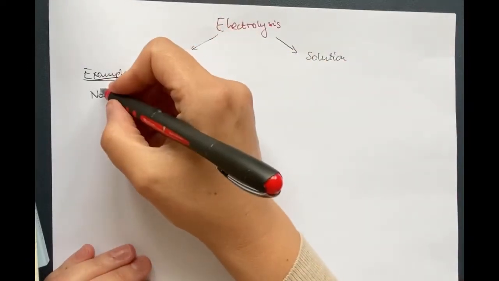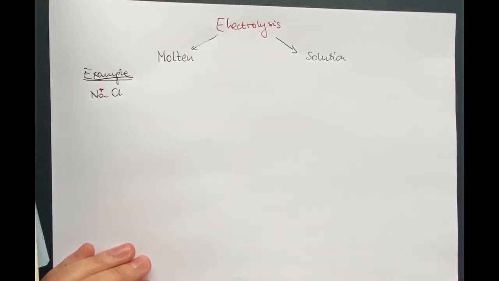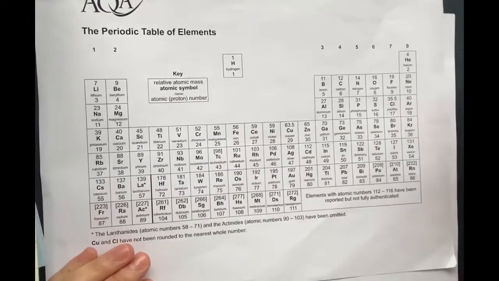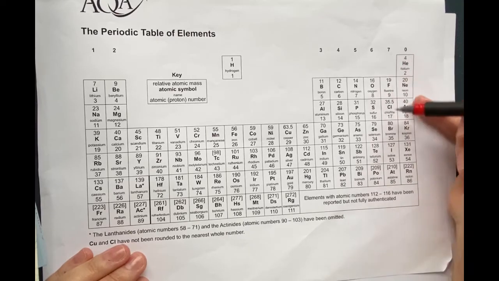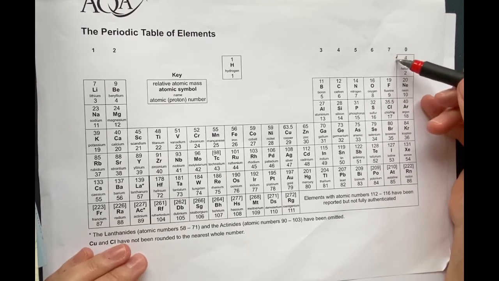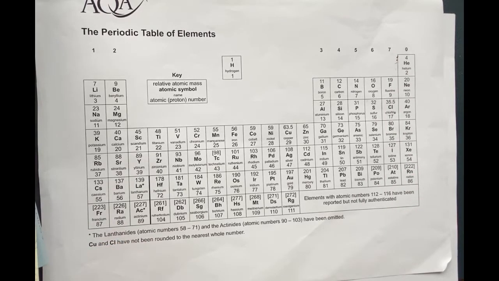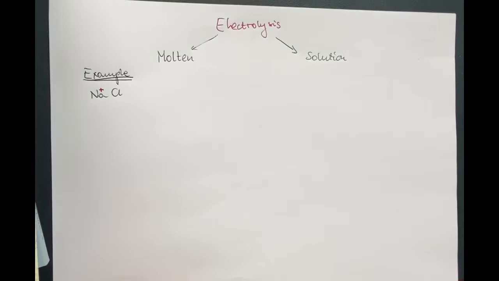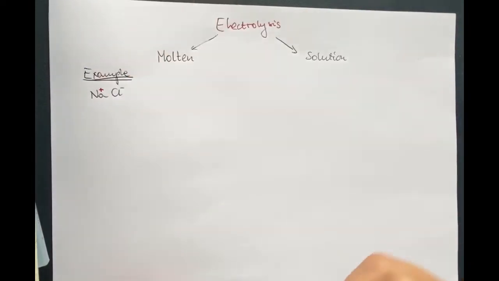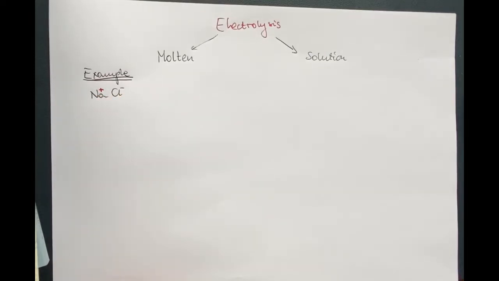In general, all metals form positive ions. Chlorine will be a negative ion because chlorine is in group 7, so it has 7 electrons in its outer shell, so chlorine will gain electrons. When you gain electrons, you become negative. So that's why chlorine is going to be a negative ion. So this is an ionic compound, sodium chloride.